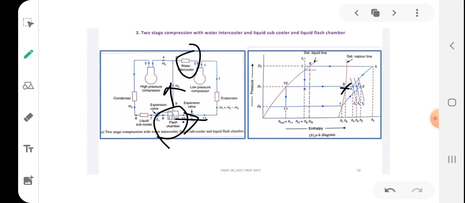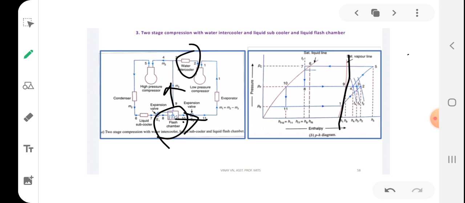The water intercooler will never reduce the temperature to the saturated vapor line before admitting the refrigerant into the high pressure compressor. Before admitting it into the high pressure compressor, the intercooler should reduce the temperature to the saturated vapor line, okay?